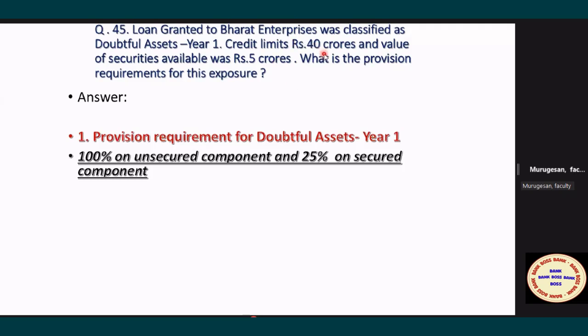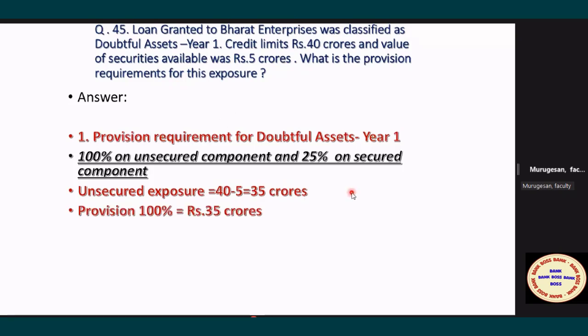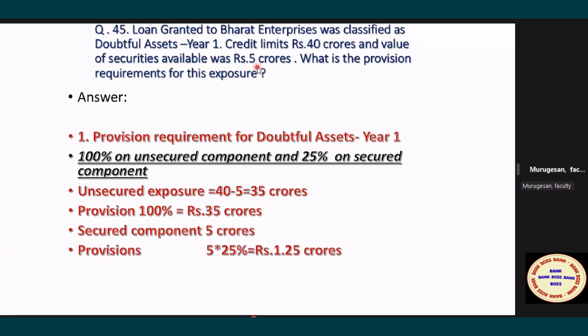Now, credit limit 40. Securities available only for 5 crore. Year 1 doubtful. So what is the unsecured? 35. Unsecured becomes 35. You have to provide 35 crore, 100% on the unsecured, no doubt. Now, secured, how much? Security available is 5 crore.